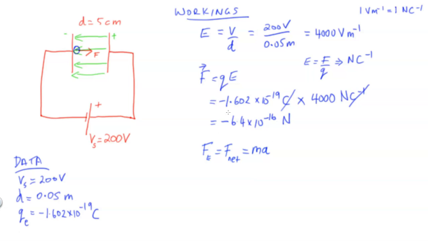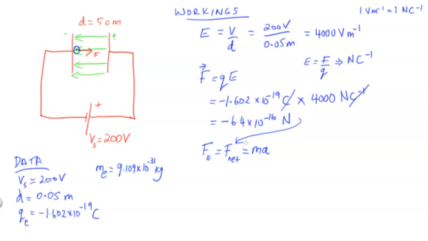So I can just substitute this value in as my net force, and I can get the mass of an electron also in the data sheet, which is given as 9.109 times 10 to the minus 31 kilograms.